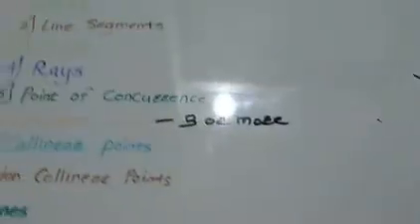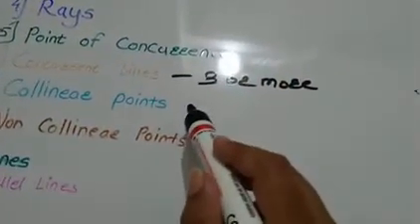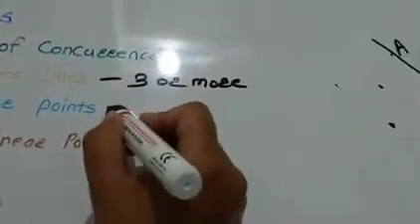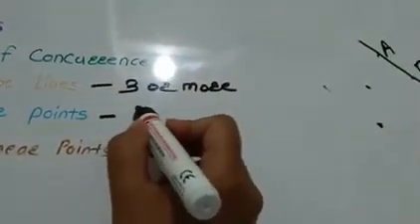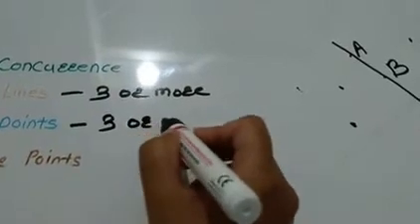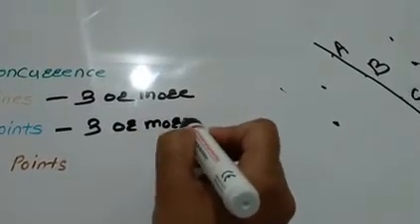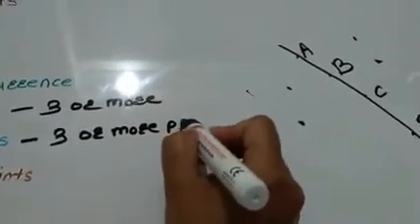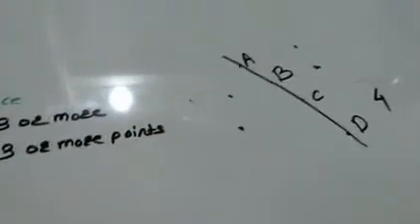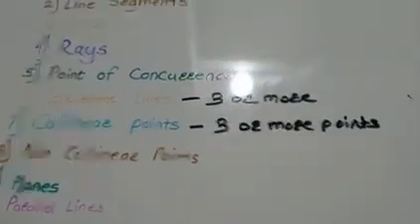That is nothing but our collinear points. If a line can be drawn through 3 or more points, then they are called collinear points.